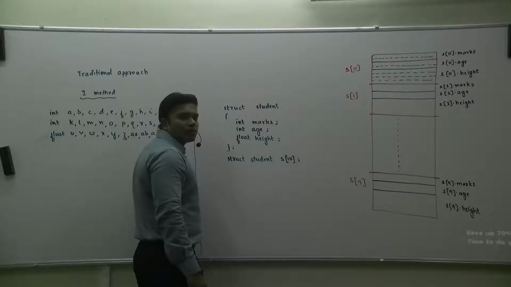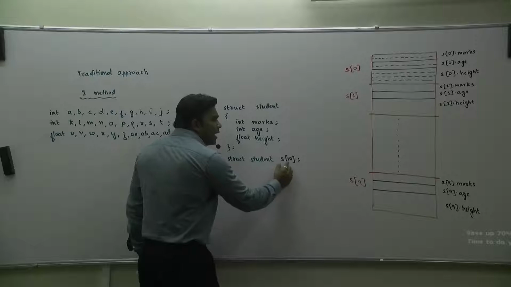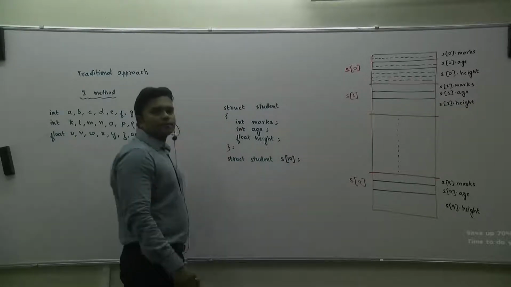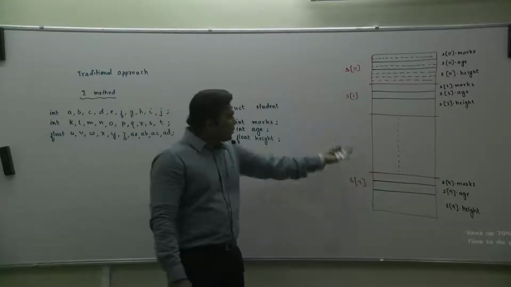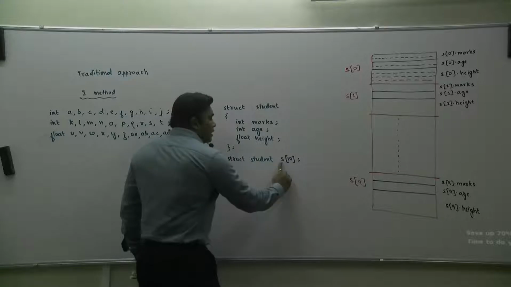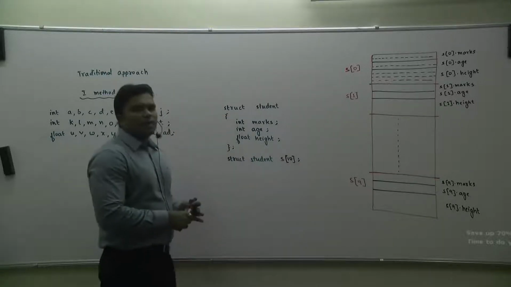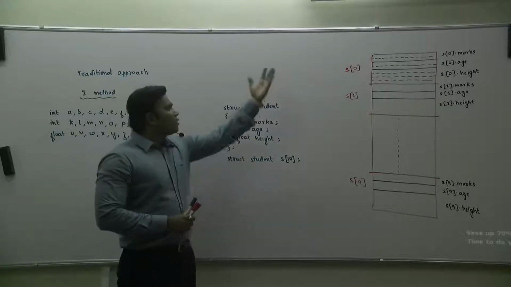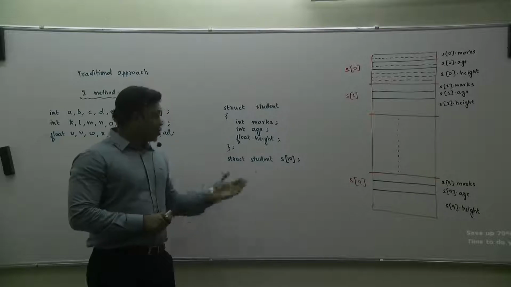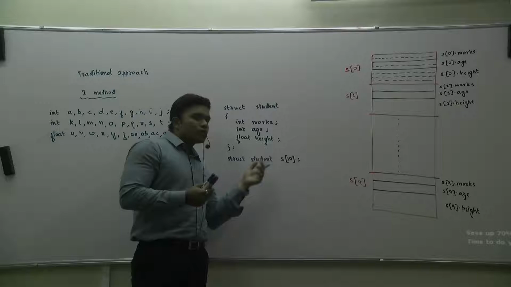That way, if you read this, you will read it as S is an array of 10 student structures. This is a student structure only. In my style also, it is correct: S is an array of 10 students.